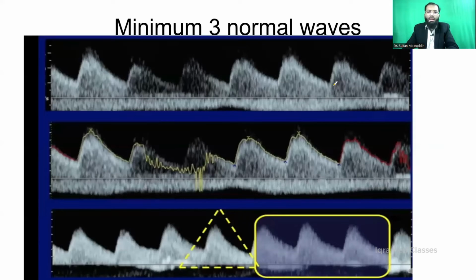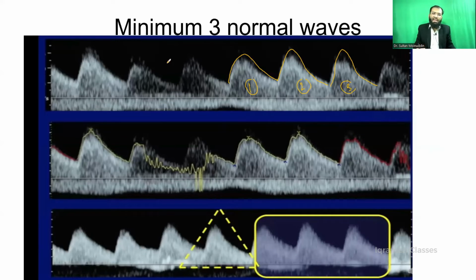Now, which waveform would you use for measurement? You would prefer those waveforms where you find at least three normal consecutive waves. Then you select the best waveform out of these for measurement.